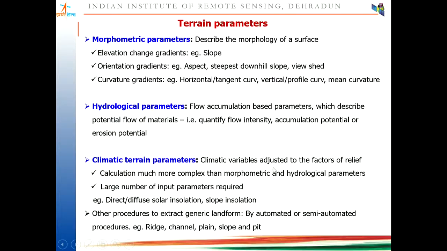We can group terrain parameters in three major groups. One is the morphometric parameters, such as slope, aspect, and 3D view or viewshed. We can even generate curvature gradients, so curvature of the slope can be studied: vertical curvature, profile curvature, mean curvature.